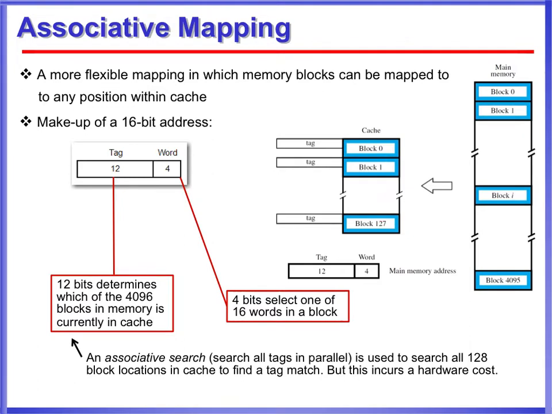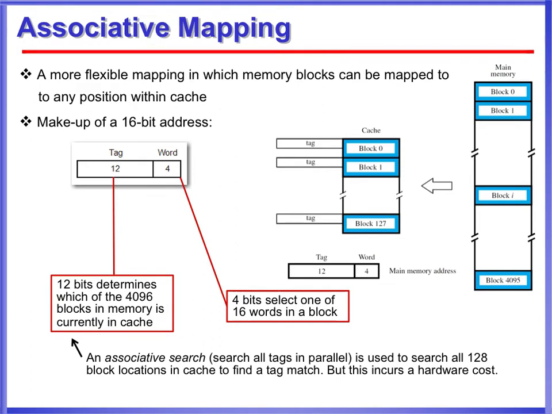Which, if you didn't know anything about mapping functions, is what you would probably assume actually happens, right? Now, if we need a word from here in this block and it currently doesn't reside in cache, well, let's just put it in cache anywhere there's an open spot, okay? So that's what we call associative. It's the most flexible. Any memory block can be mapped to any position in cache.